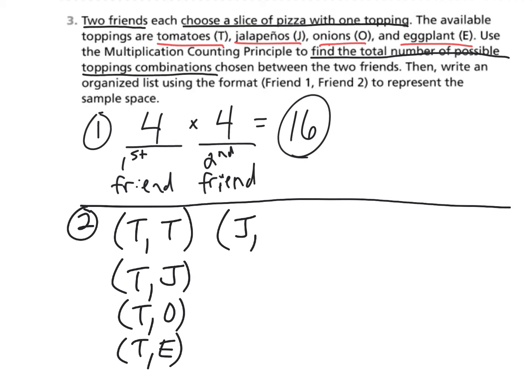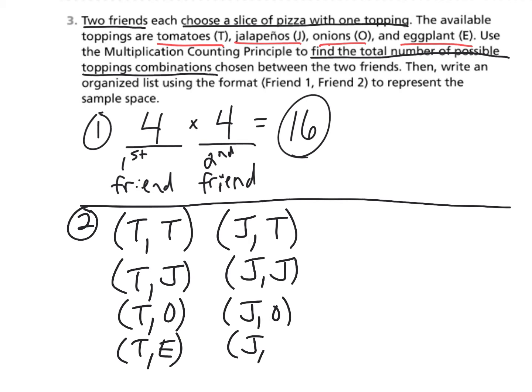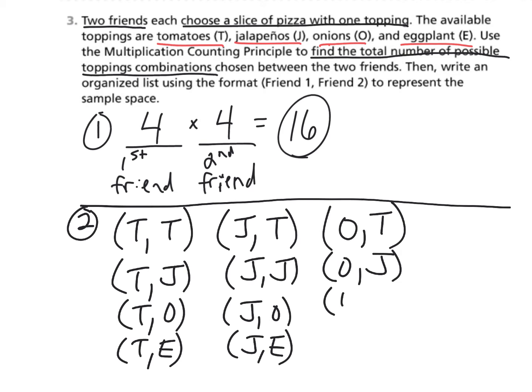Okay. Now we could say, what if the first friend picked jalapenos? So we could have jalapenos, tomatoes, jalapenos, onions, jalapenos, eggplant. I've never heard of eggplant before on a pizza, but I've never had eggplant in general, I guess. So then we could have onions, tomatoes, onions, jalapenos, onions, eggplant.